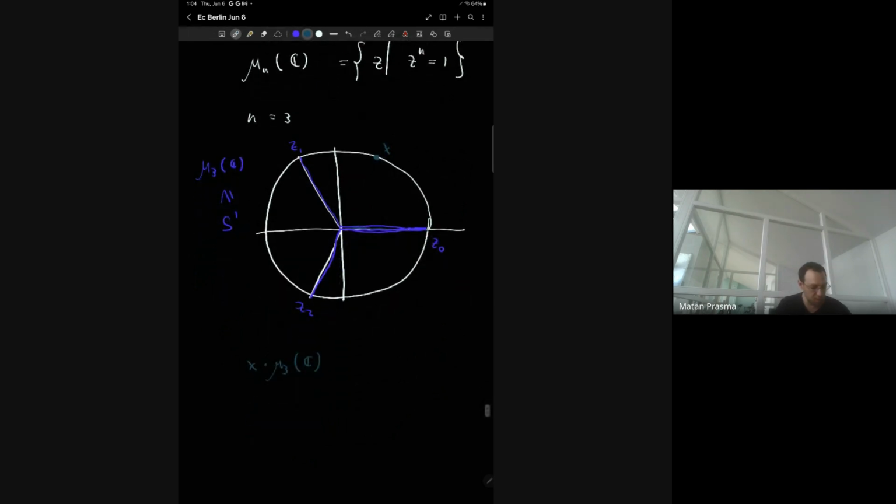What is it? This M3C, I will write as H. But this is by definition X times Z, where Z is an element in the subgroup H, in M3C.